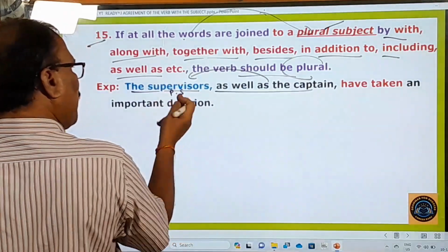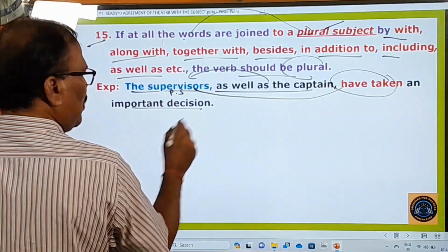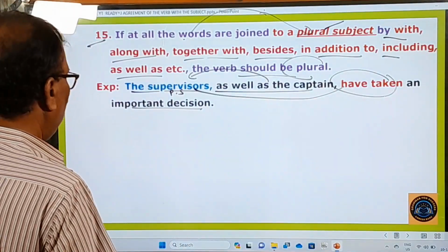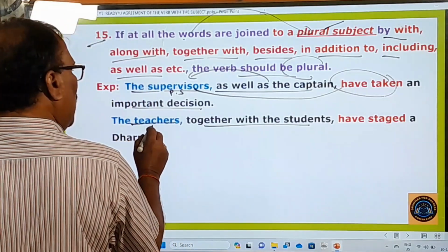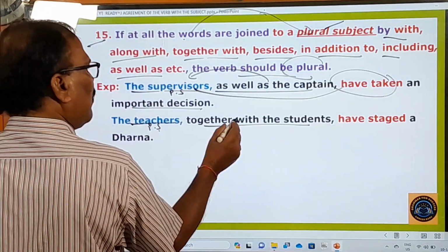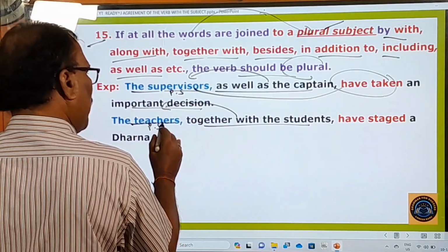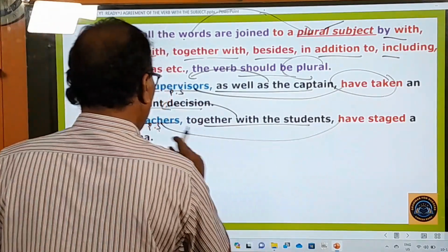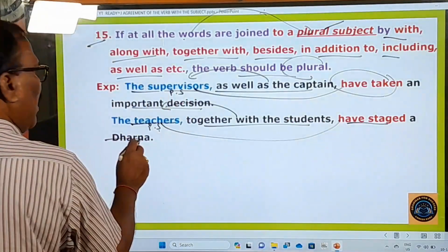So supervisors is a plural subject, and according to this you say, have taken an important decision, right? And here, the teachers together with the students. So the teachers is a plural subject, and these words are attached to this plural subject, and we use the helping verb according to this. The teachers together with the students have staged a dharna.